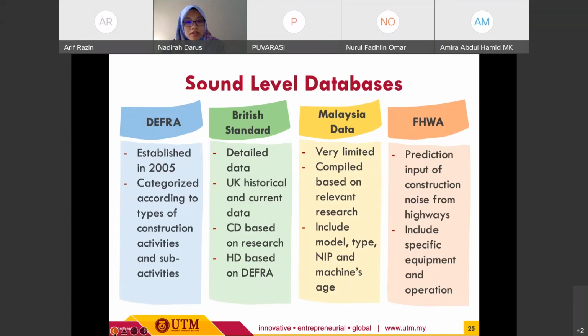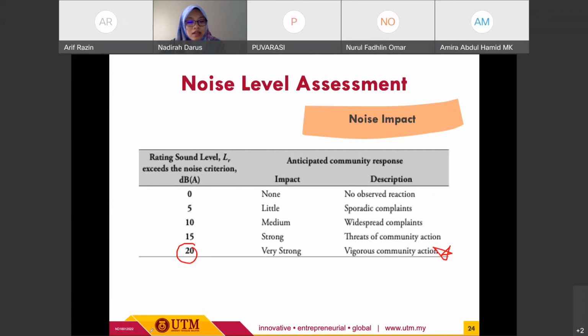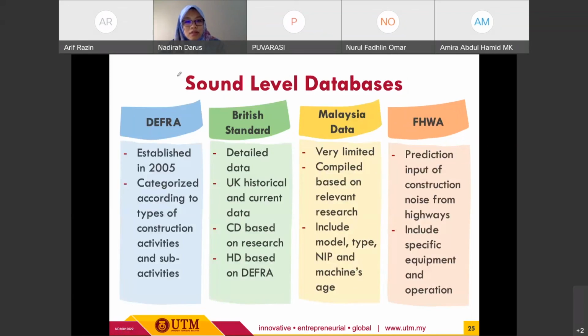Okay, so tadi dah sampai noise level assessment. And then yang ni yang saya cakap databases tu. So far in terms of databases, kalau kita tengok there are 4 main category lah kat sini. DEFRA ni Department of Environment, Food and Rural Affairs, tapi yang saya dah mention semalam. So dia dah establish juga dia punya data regarding the individual databases related to the construction juga and sub-activities.